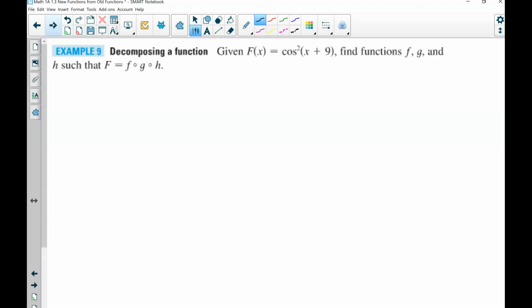So let's go in a different order. We would start at the beginning, which is on the inside of the function. So the inside of the function, meaning what's inside the parentheses, would represent the function h.